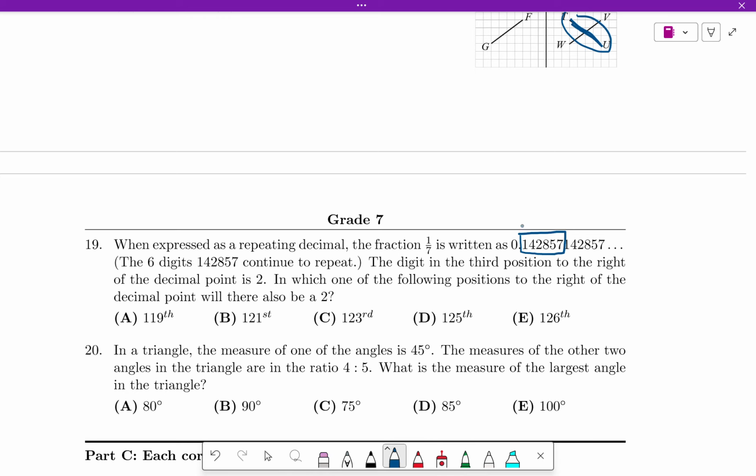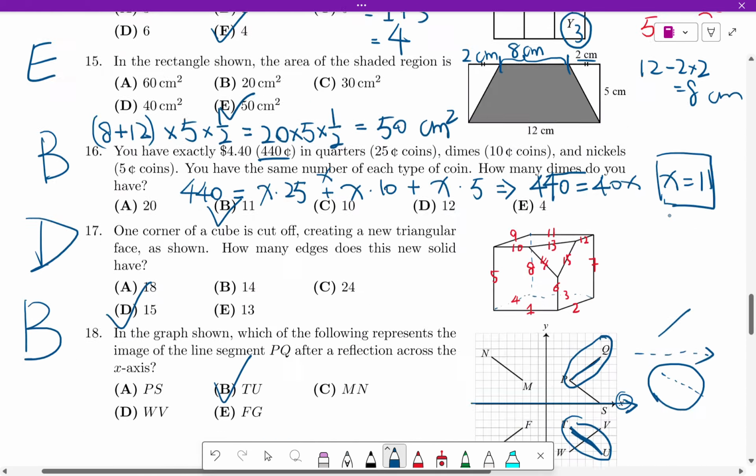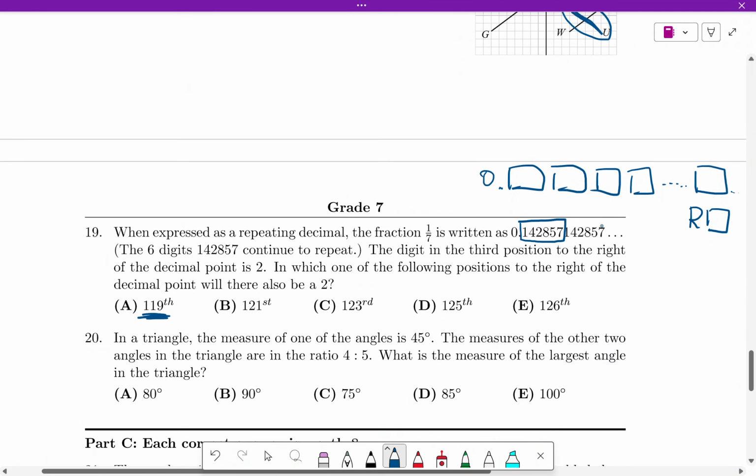So we divide the decimal position by 6 to see how many repeating groups there are, and we get some remainder, which would be the location that we're looking for.